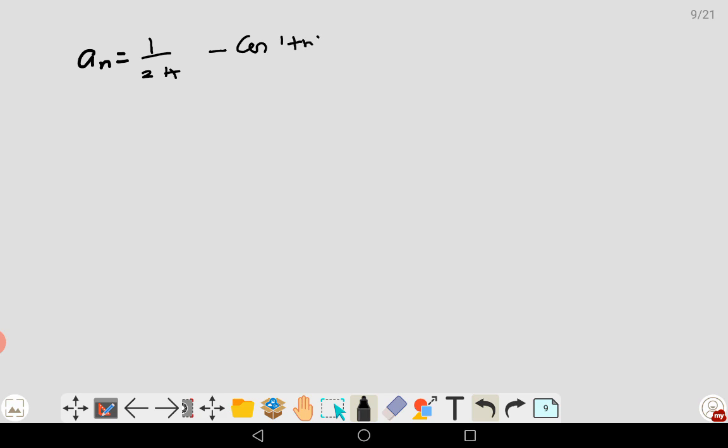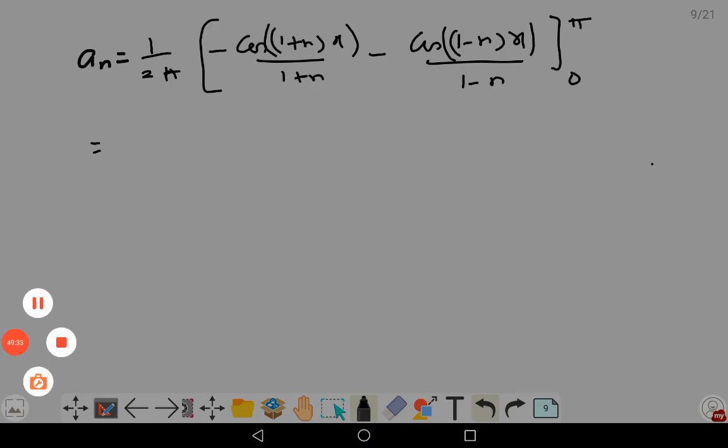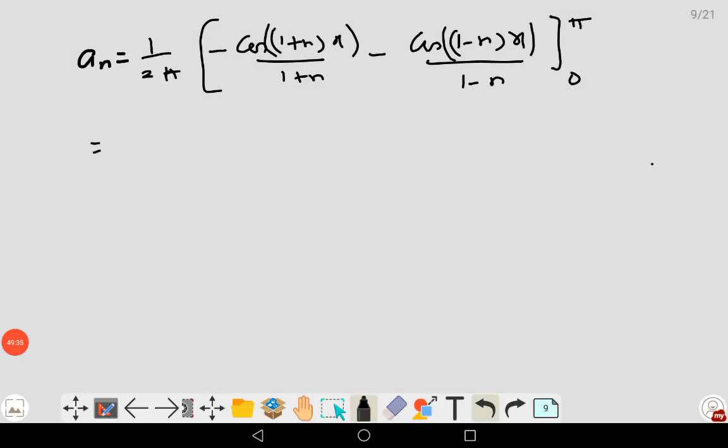Minus cosine 1 plus n x over 1 plus n minus cosine 1 minus n x over 1 minus n from 0 to pi. So substitute upper and lower limits.